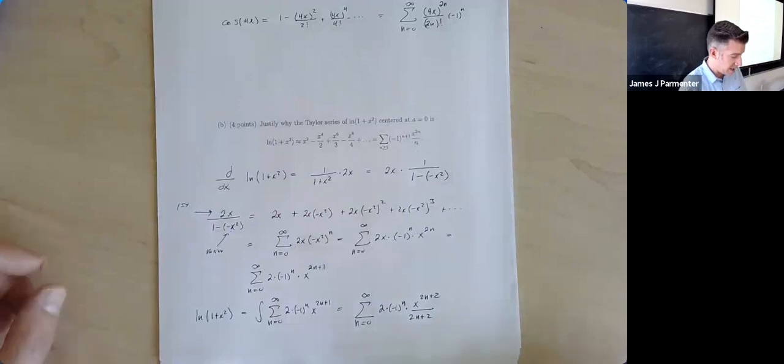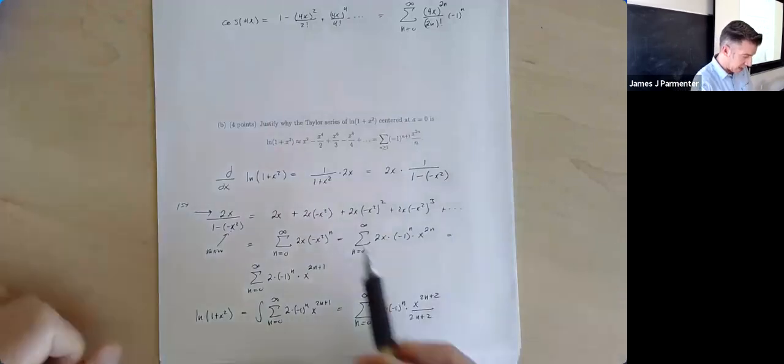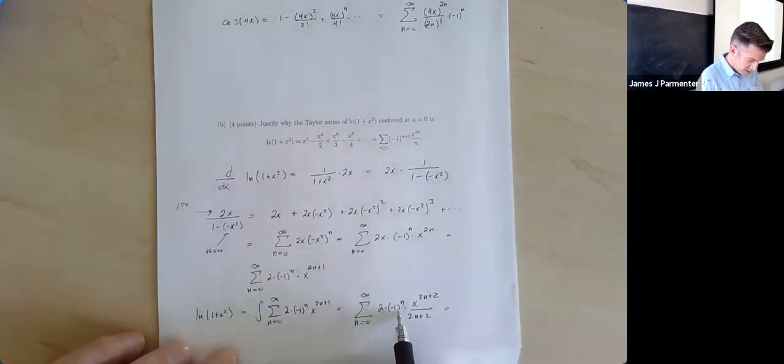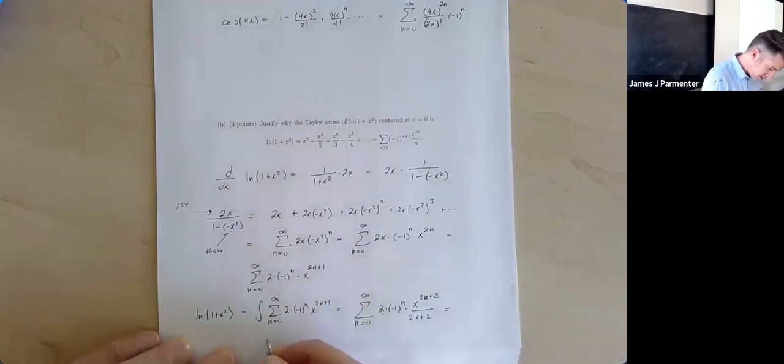And then I would start writing out terms to make sure it actually looked like the thing it was supposed to look like. So if I plug in n equals 0, I get 2 times 1 times x squared over 2. Great. 2 times x squared over 2 is exactly x squared.